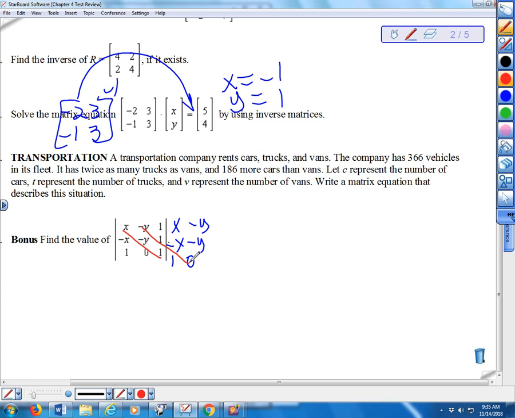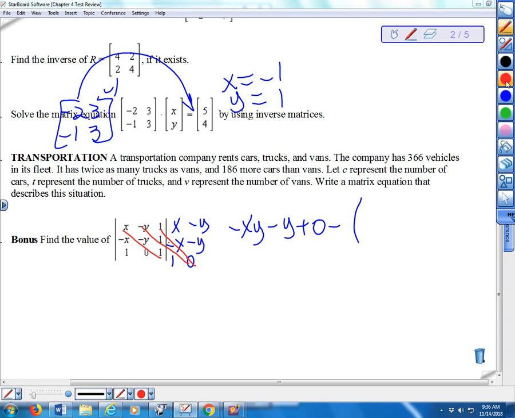I did that wrong. That's supposed to be the 1, and that's 0. So x times -y times -1 is -xy. -y times 1 is -y. And 1 times -x times 0 is 0.